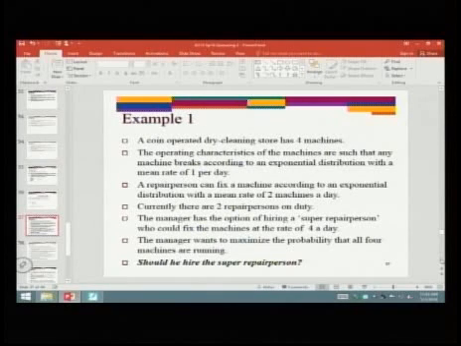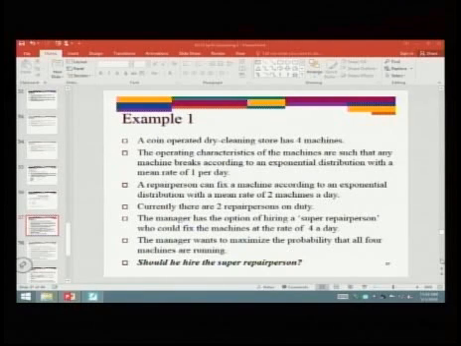So what is the probability that all 4 machines are running? Is that pi 0, right? If we are saying that the state of the system is the number of machines in good condition, then pi 0 would be the probability that all 4 machines are running.